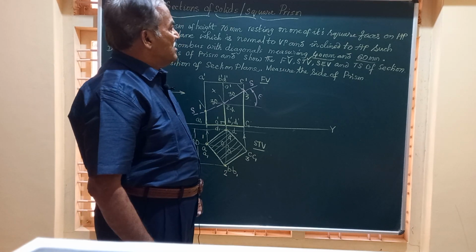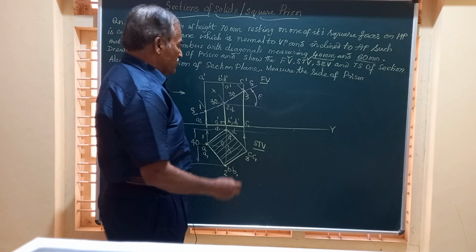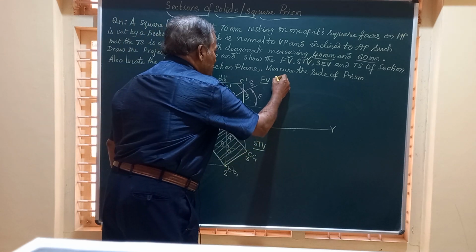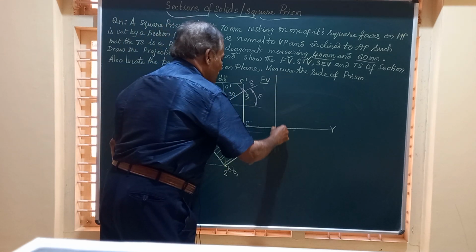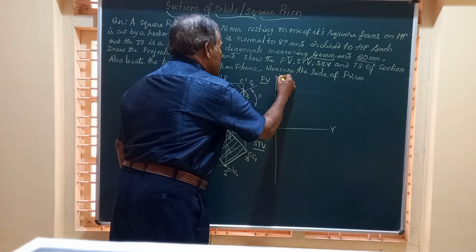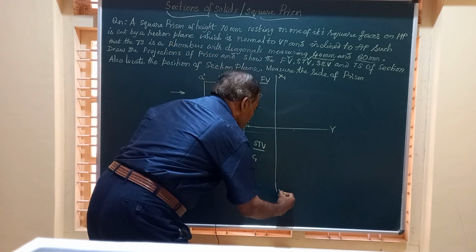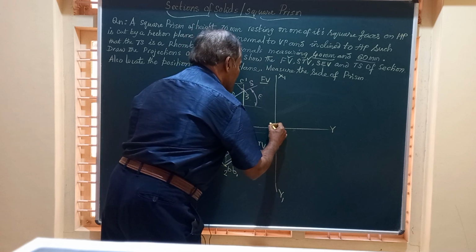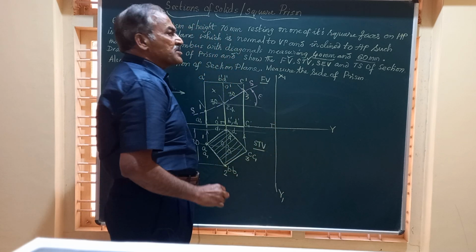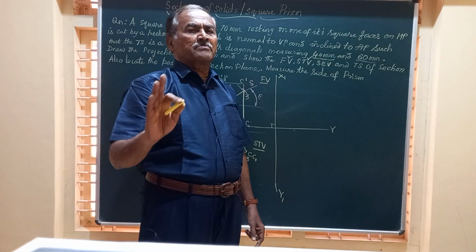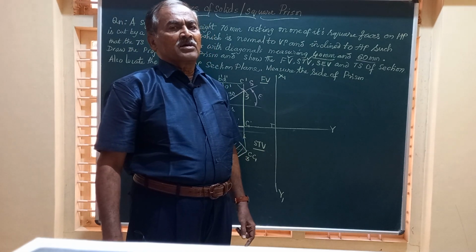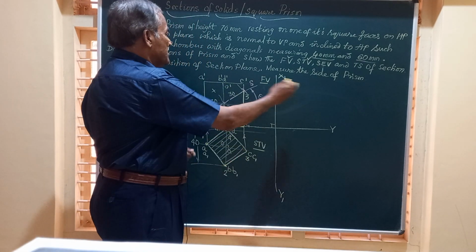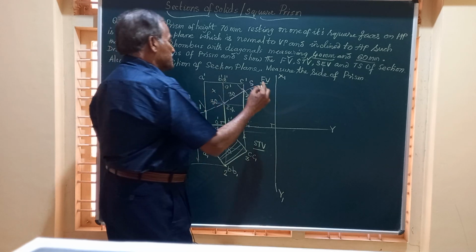Now friends, to get the sectional end view, we will draw a vertical line, call it x1 y1, a vertical line, and here this is at an angle of 90 degrees. We will assume that the solid is not cut by any section plane, and let us obtain the corresponding end view of this prism.